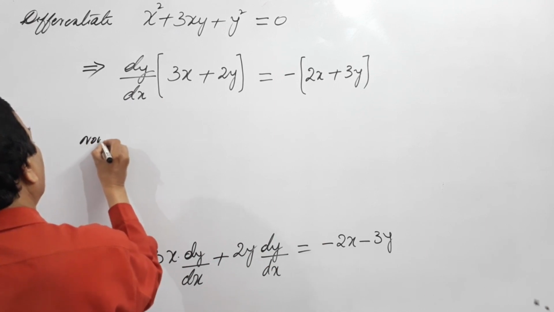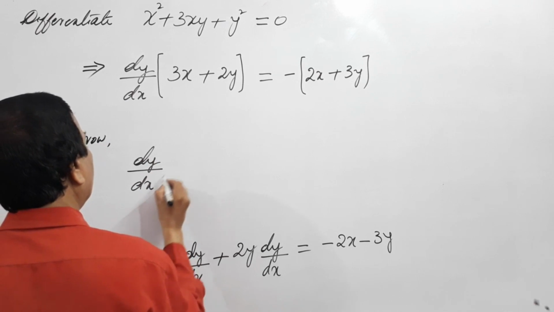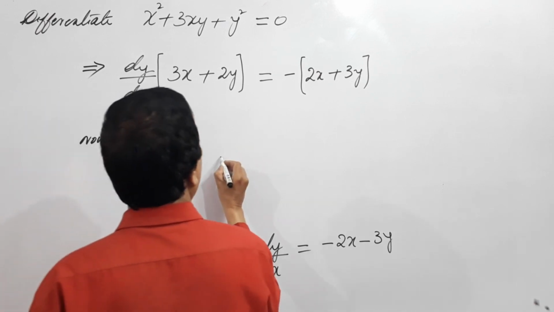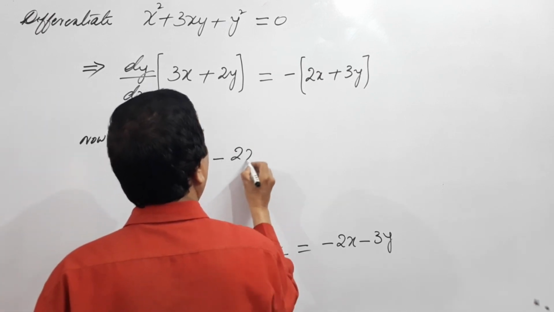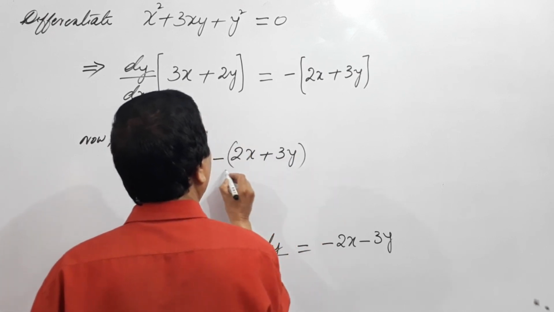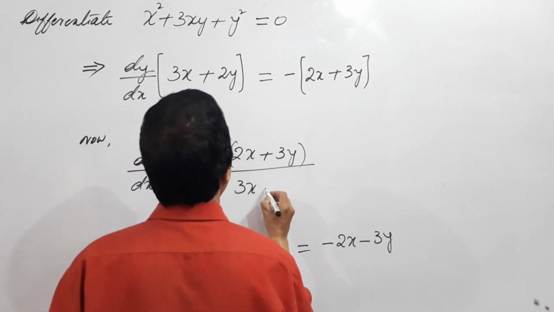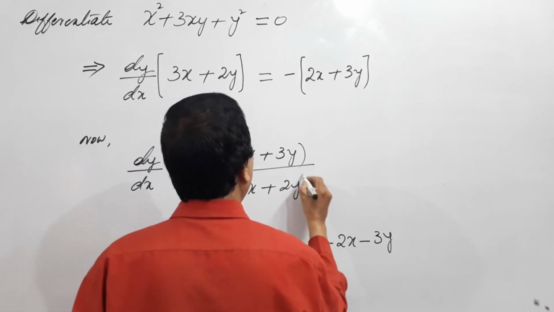Now dy by dx equals to what? This is minus 2x plus 3y divided by 3x plus 2y.